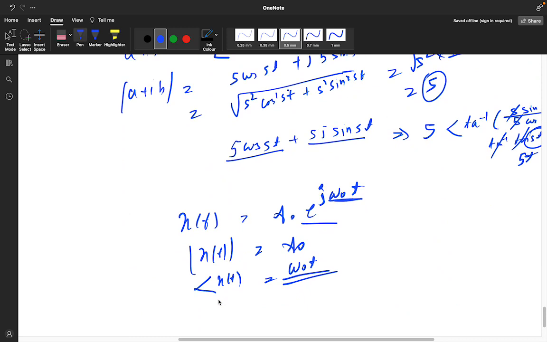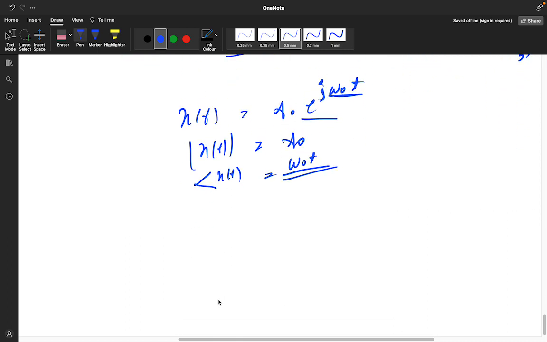Now we have another signal that is known as the sampling signal. In college no one teaches the sampling signal, but in the GATE examination you will get lots of questions on it. What do you mean by sampling signal?